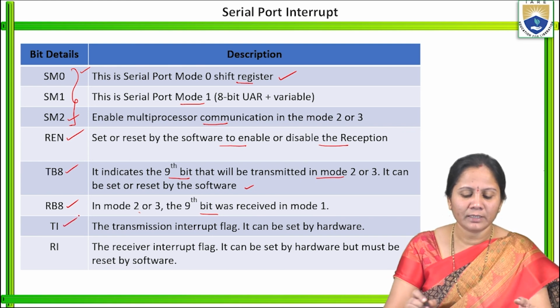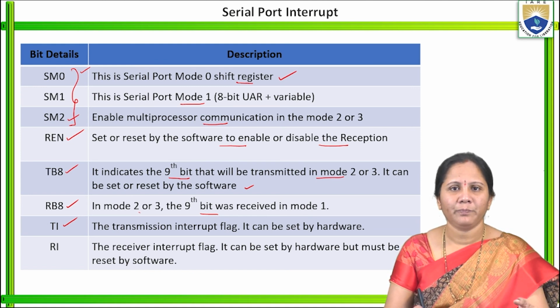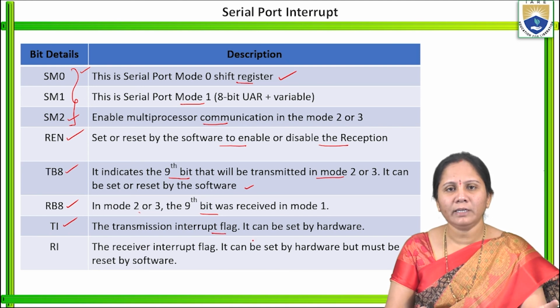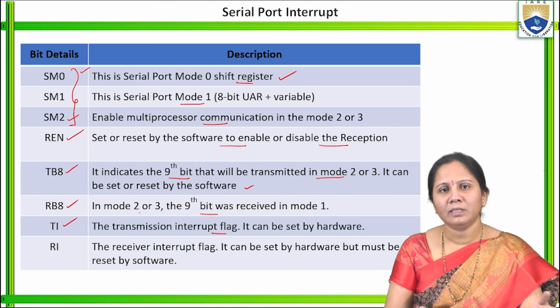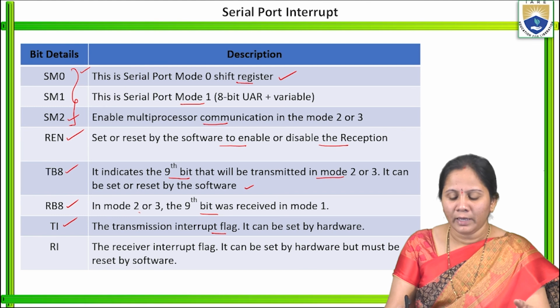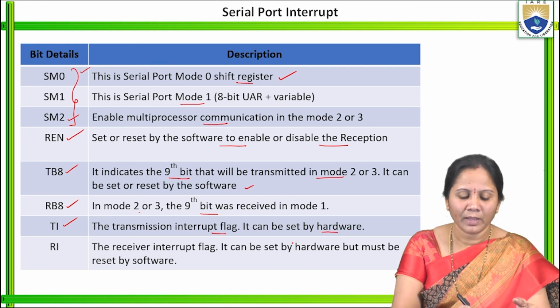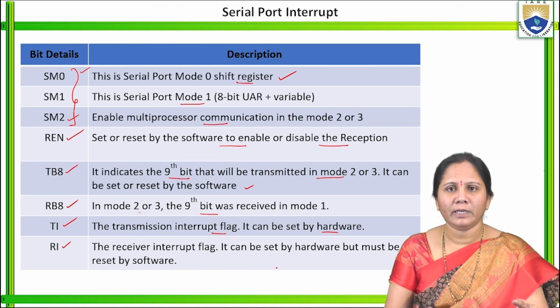And the next bit is TI. TI represents transmitter interrupt. The transmitter interrupt flag will be set only after all the data present at the transmitter has been transmitted. This bit is set by the hardware. And the last bit is RI, which indicates receiver interrupt.